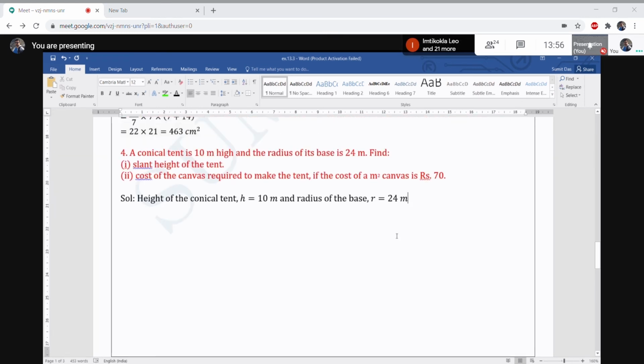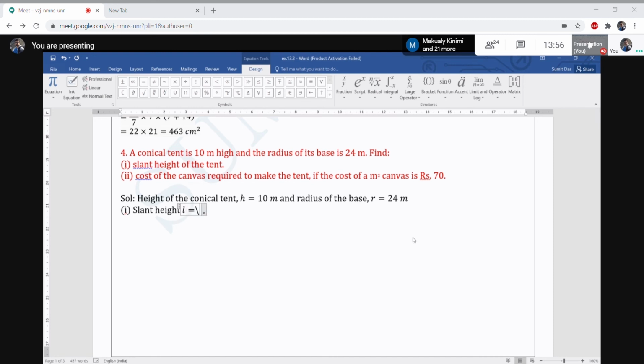Therefore, slant height L equal to square root of h square plus r square. If you put the values, this will be square root of 10 square plus 24 square.